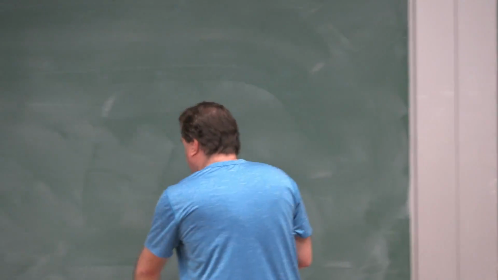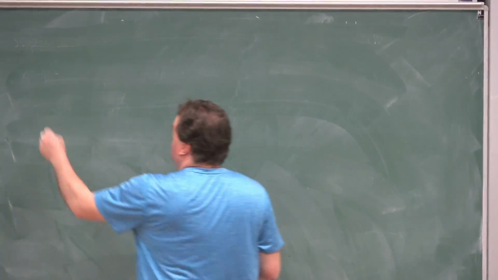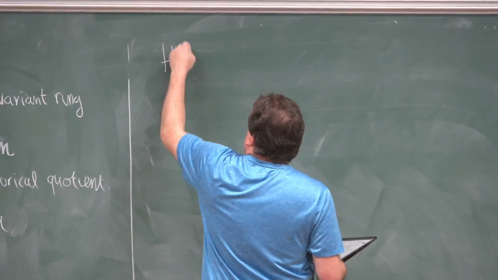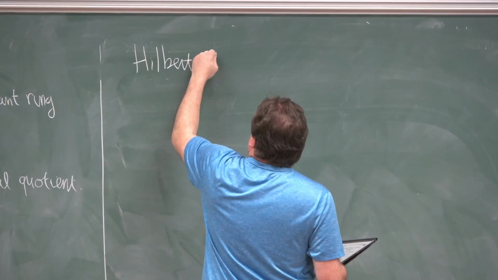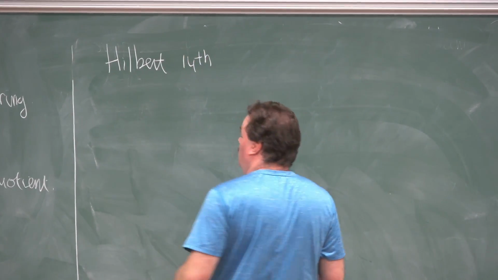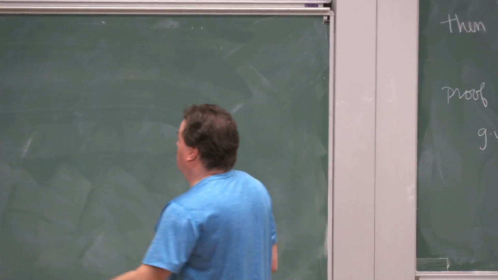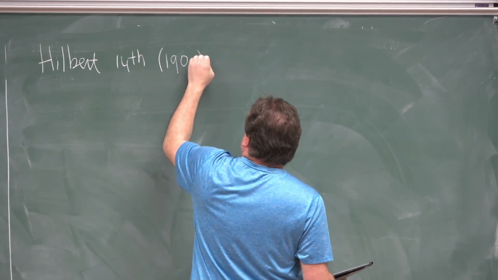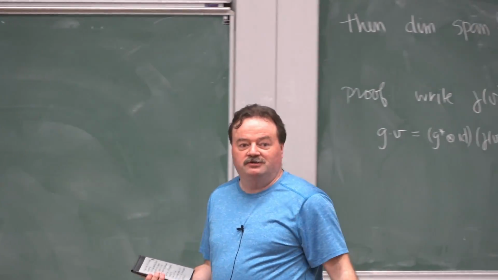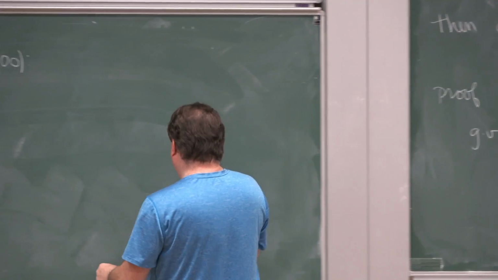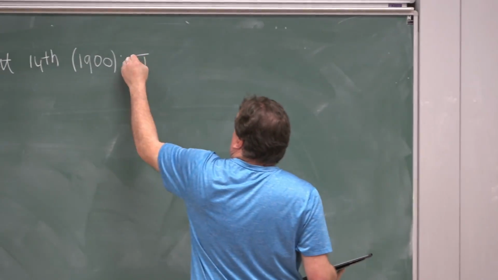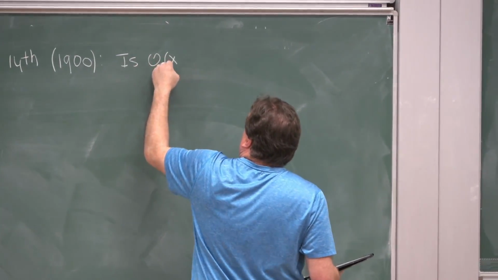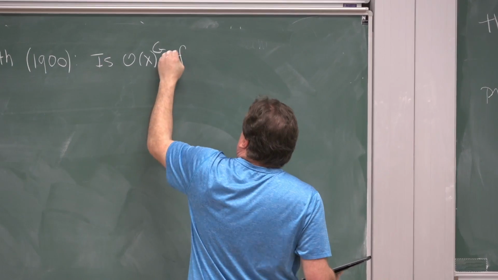One very basic question goes back to Hilbert, the Hilbert 14 problem. What I'm going to write down is not exactly Hilbert's 14th problem, but it was the main motivation for Hilbert. Namely, the question: is the invariant ring finitely generated?